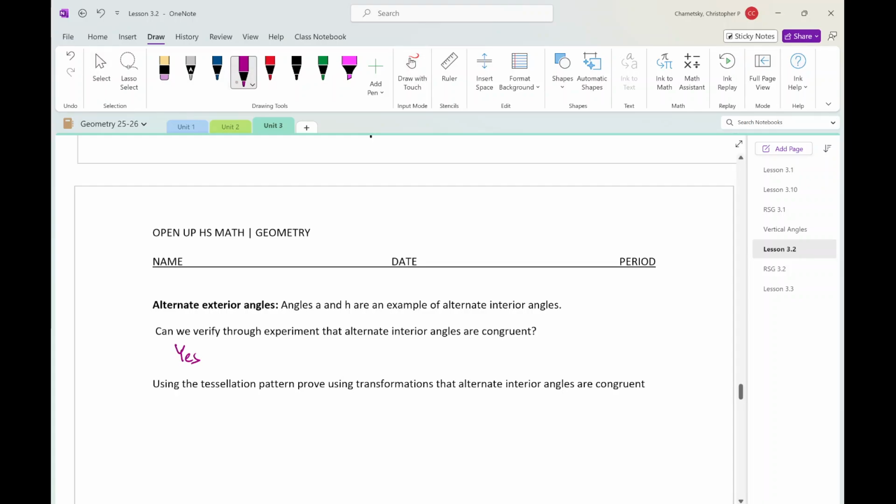Yes, using a protractor or technology like GeoGebra and verify through experiment. But experiment's not as good as a proof.